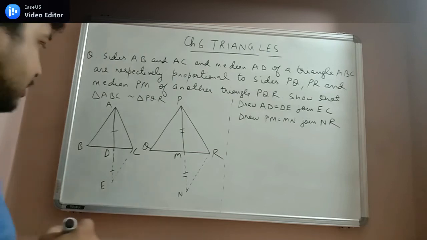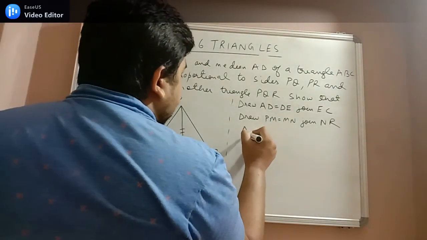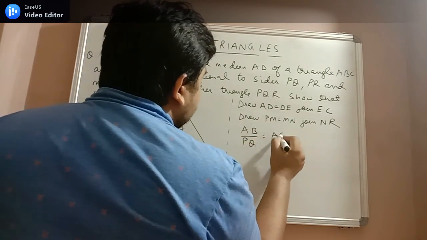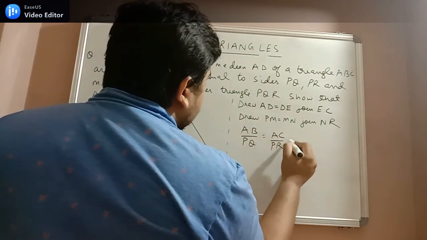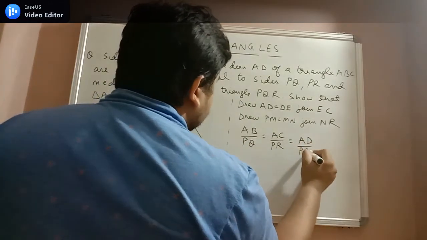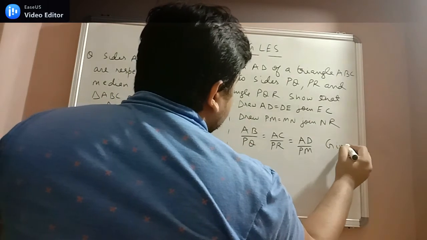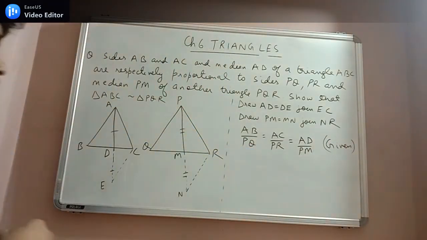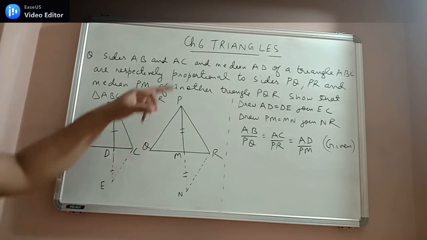Now the thing which is given to us is that AB upon PQ equal to AC upon PR equal to AD upon PM. This is given to us in this question, and we need to prove that triangle ABC is similar to triangle PQR.